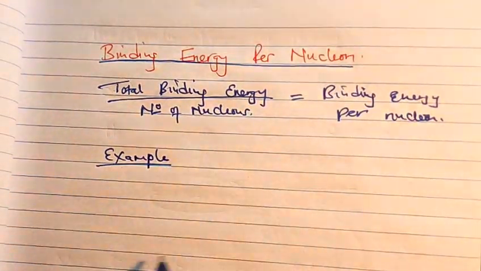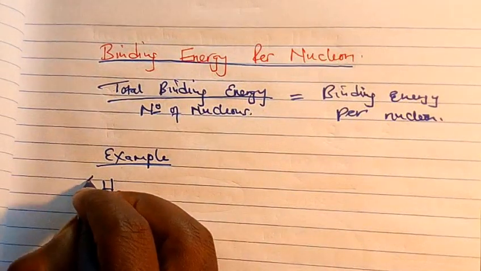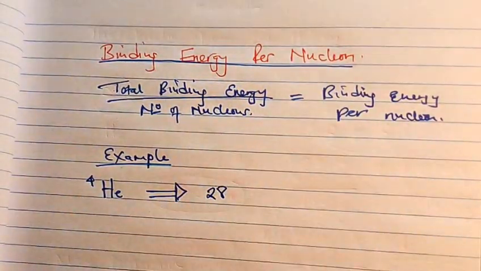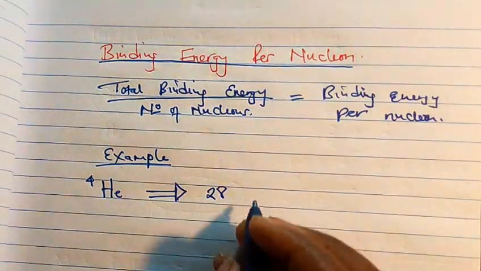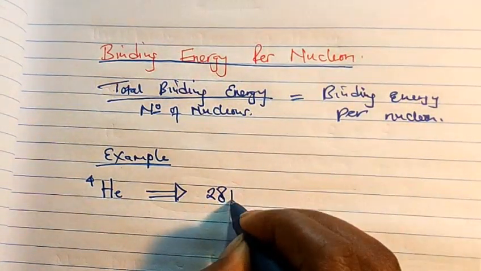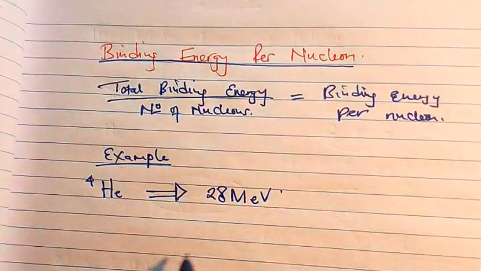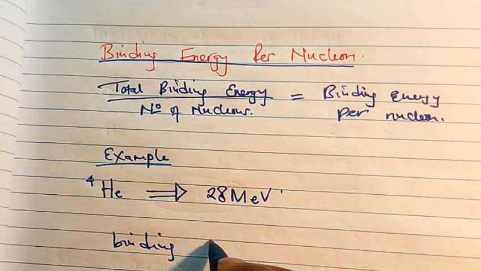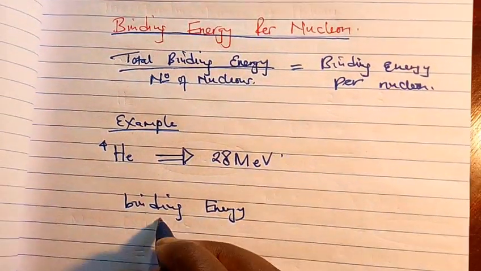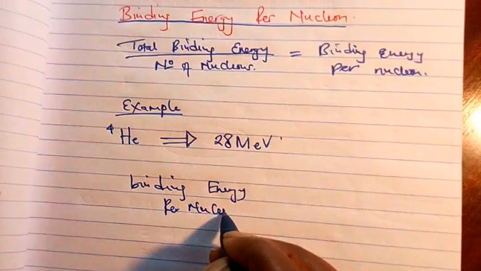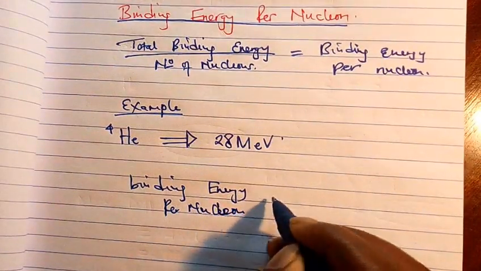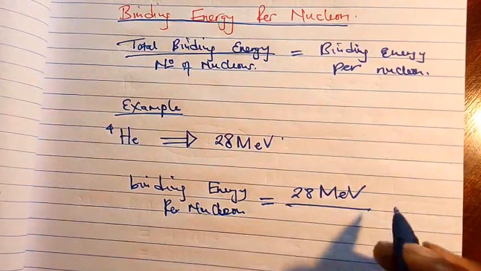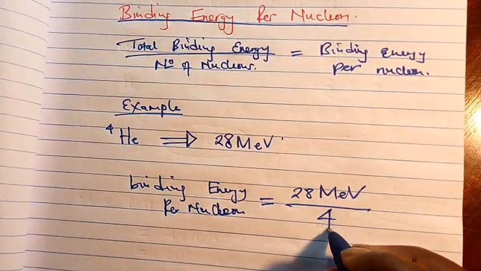The exact value for helium, that is helium-4, has a binding energy of approximately 28 mega electron volts. So the binding energy per nucleon will be 28 mega electron volts divided by 4 nucleons.